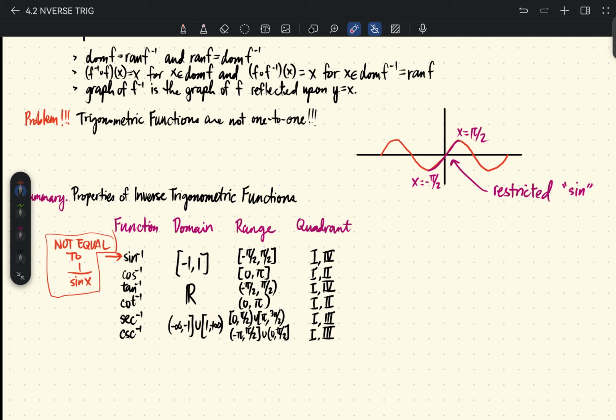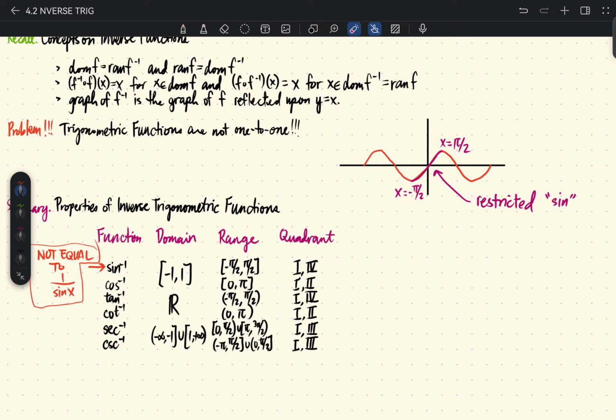As for the range, this one would correspond to the domain of the restricted trigonometric function. So in the case of your sine function, we considered x equals -pi/2 to x equals pi/2.